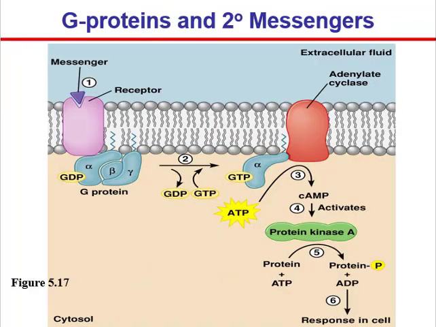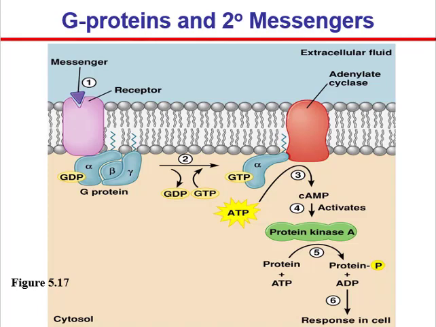In this figure here, we see a G protein operated receptor that activates an enzyme called adenylate cyclase. Note the suffix ase always indicates a protein enzyme. Let's follow the numbered steps here. So first, the ligand binds to its receptor. The energy from GTP then activates the lateral movement of the alpha subunit.